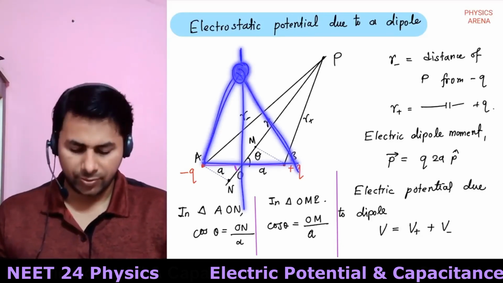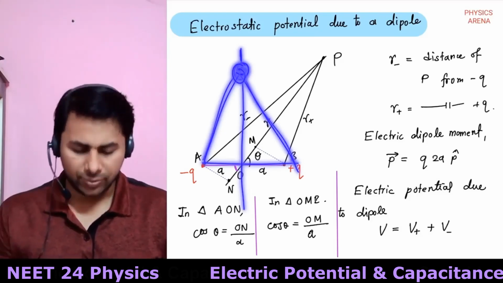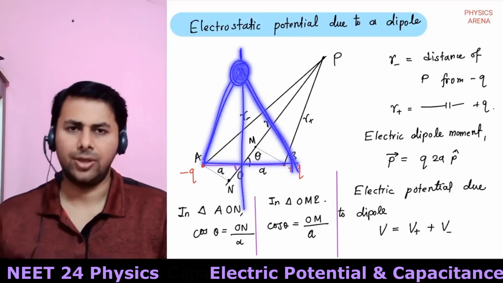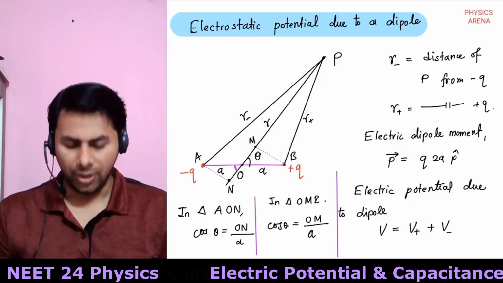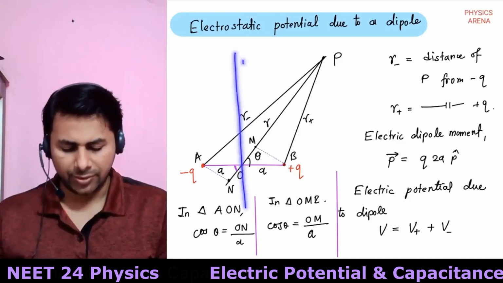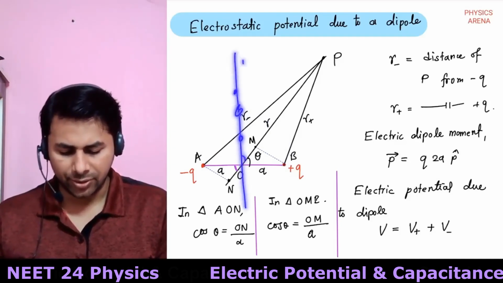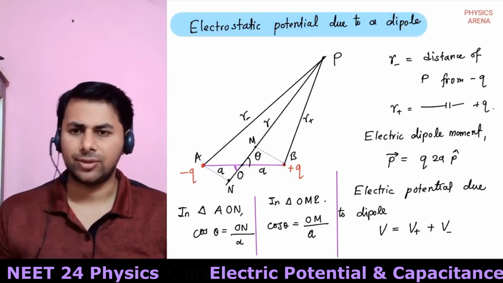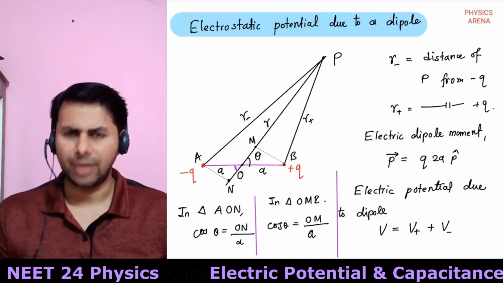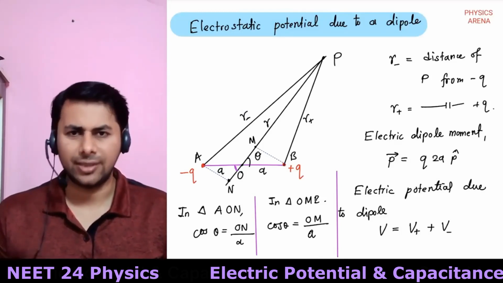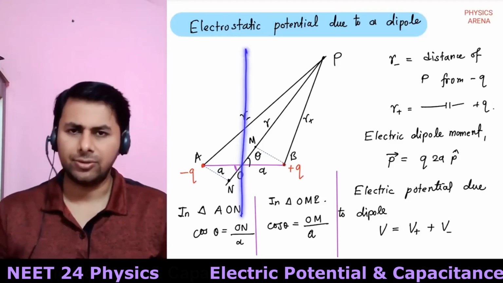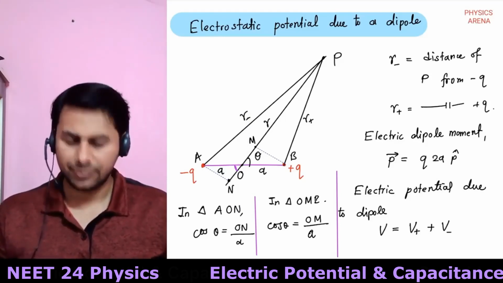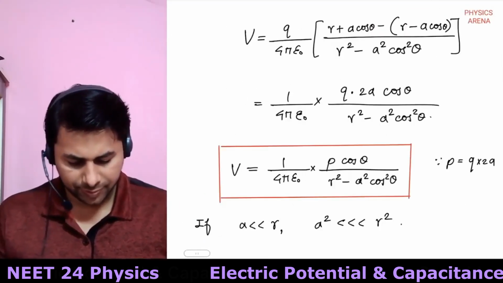But potential due to minus q is negative, potential due to plus q is positive. So total potential gets cancelled out for any equatorial point, and that's why net potential is equal to 0. Okay? Yes, no?